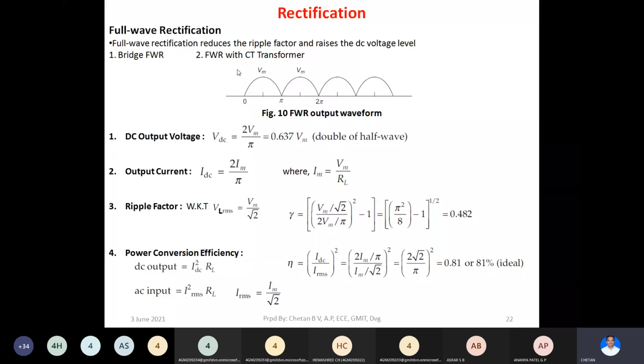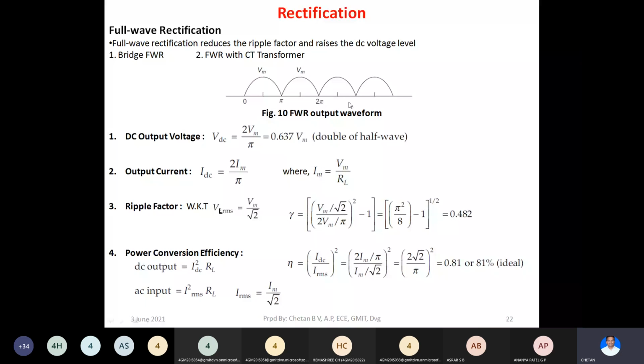And in case of both these rectifiers, we get the output which is shown in this figure 10. We can successfully rectify positive as well as negative half cycles of the input AC, and the output of both rectifiers will have half cycles in this way.